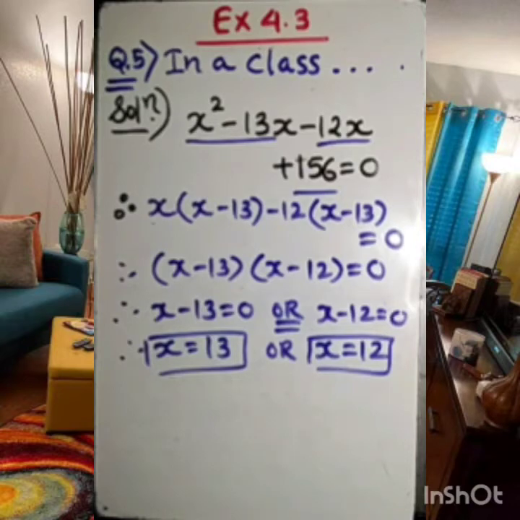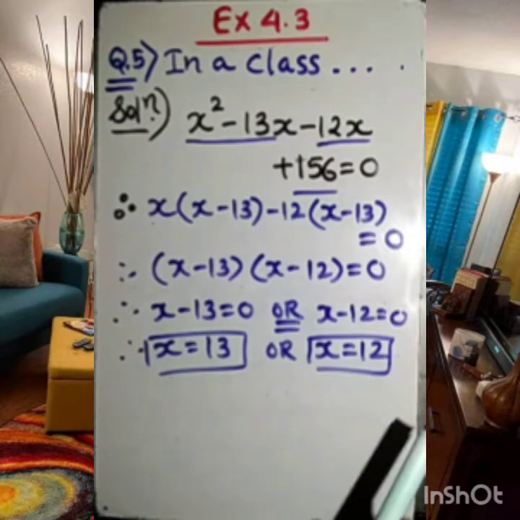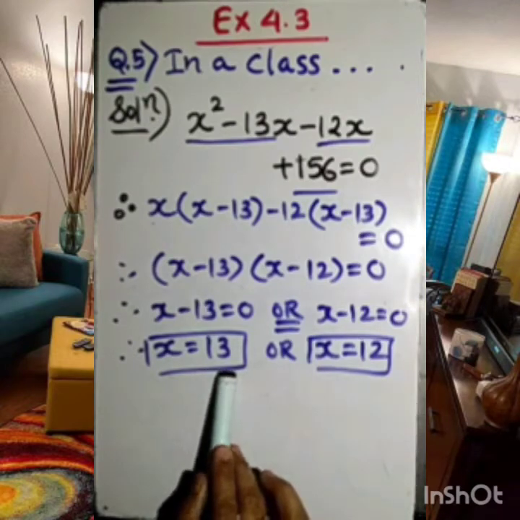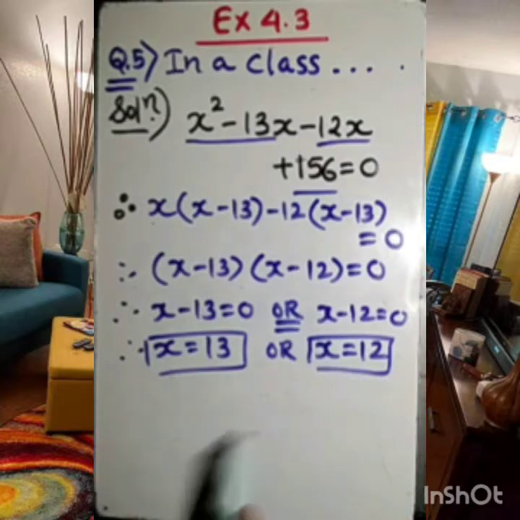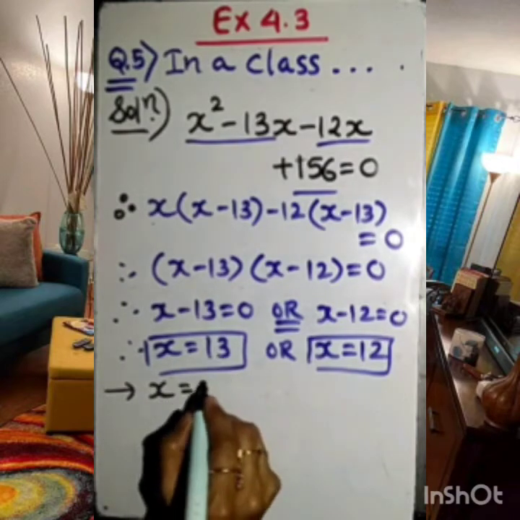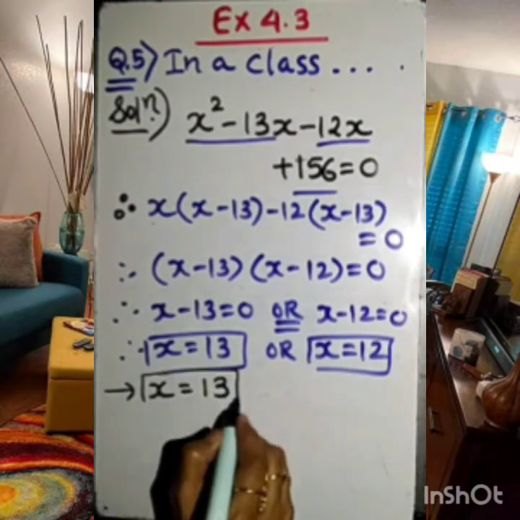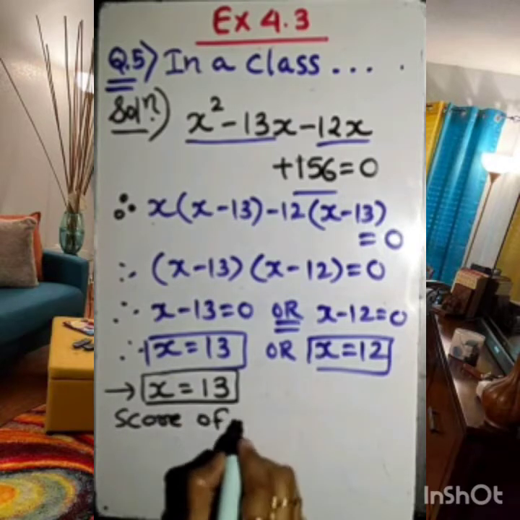Now if these two results are with us, we need to consider Shefali's mathematics marks. Sorry, if we consider X equal to 12, then we need to put in what we have assumed. First let's focus on X equal to 13. If I am choosing X equal to 13, then let's go with the score of maths.